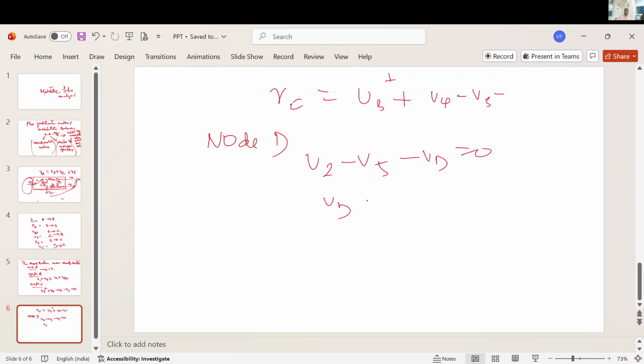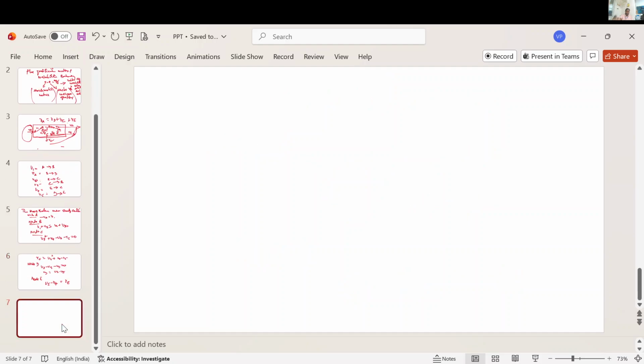That means Rd is equal to V2 minus V5. Then node E, node E is the last one. This is going to be V5 minus V4 is equal to Re. Like this, we need to form the mass balance equations, and this should be solved using matrix methods.